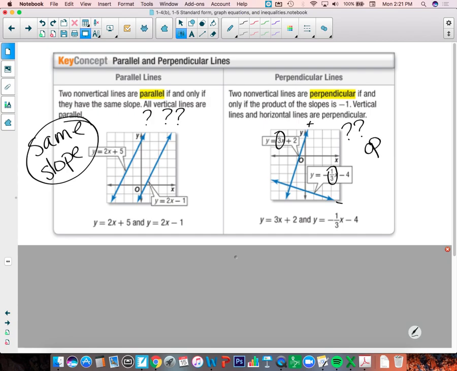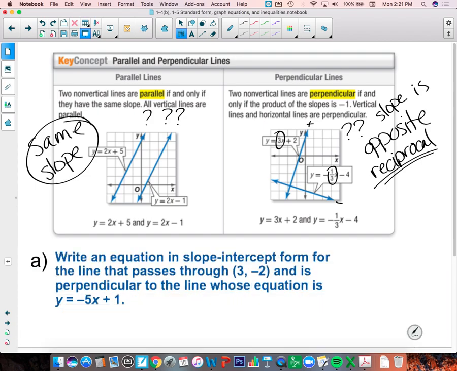So these are going to have opposite reciprocal slope. Okay, slope is opposite reciprocal.